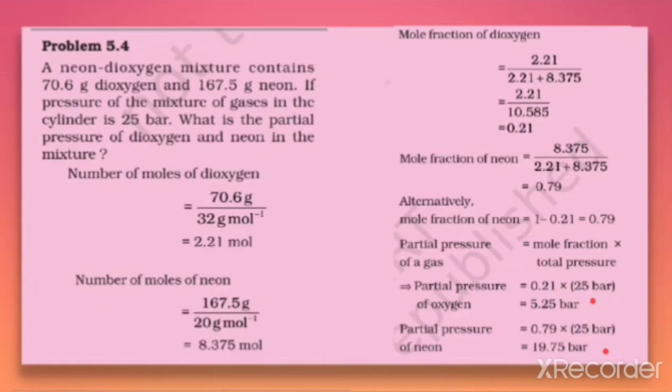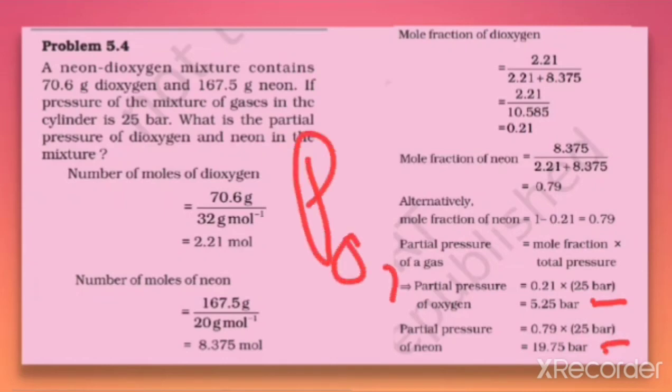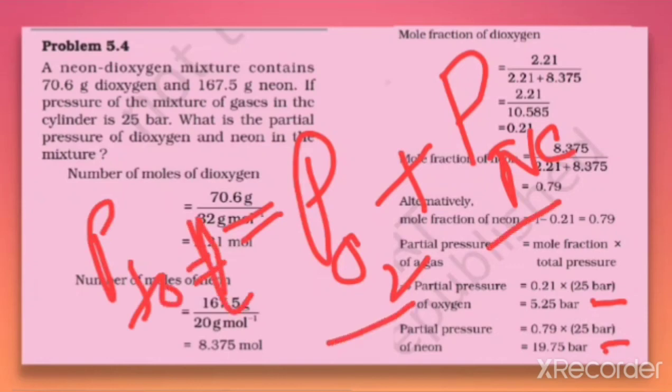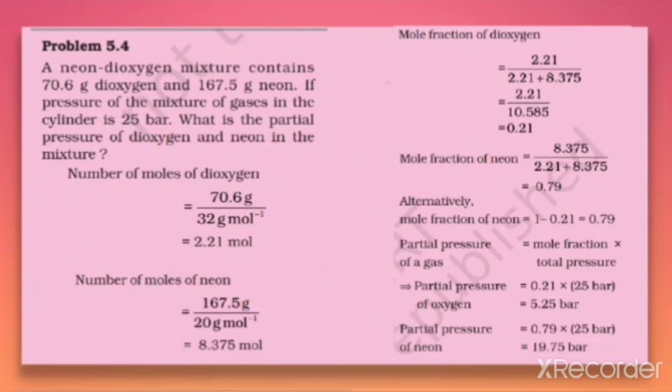When you sum the partial pressure of oxygen with the partial pressure of neon, you should get the total pressure. Summing these values, you get approximately 25 bar. So that is about this problem.